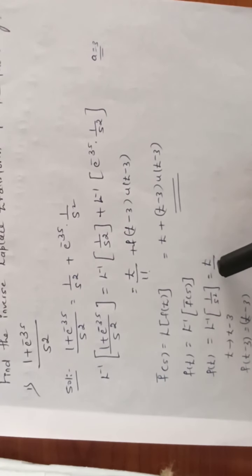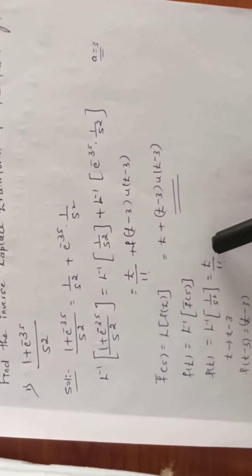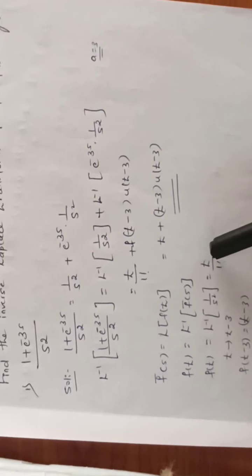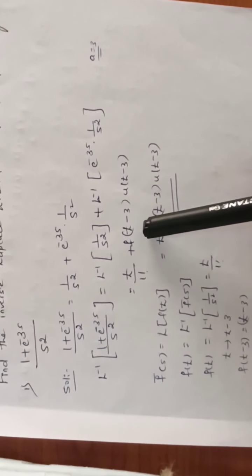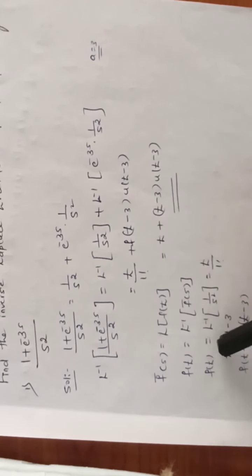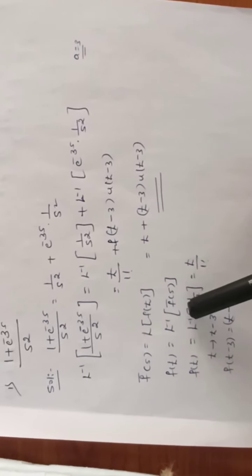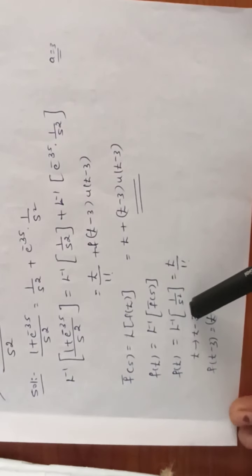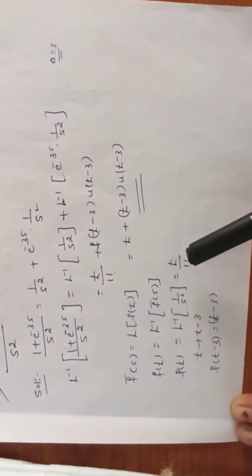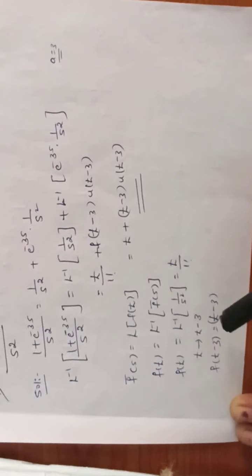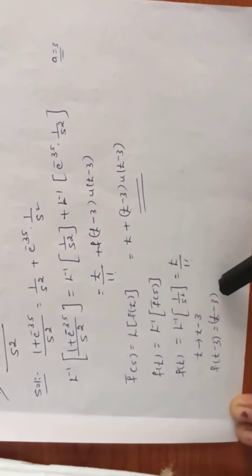According to the formula of L inverse of 1 by s power of n plus 1, we have t power of n by n factorial, where n is equal to 1, so we get t power of 1 by 1 factorial. Since we need the answer for f of t minus 3, let us replace t by t minus 3. So f of t minus 3 is equal to t minus 3 by 1 factorial.